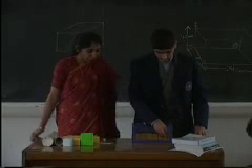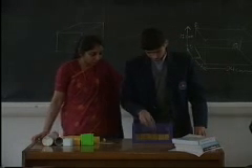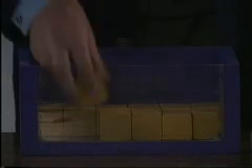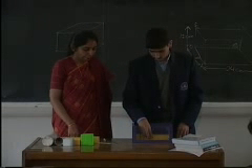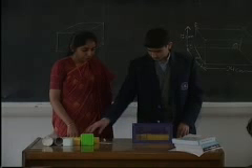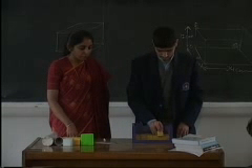Just place them in. We're putting the second line. We've already placed the first line of 6 cubes. The second line. Now we start with the third line. 3 lines of 6 cubes and finally the last line.